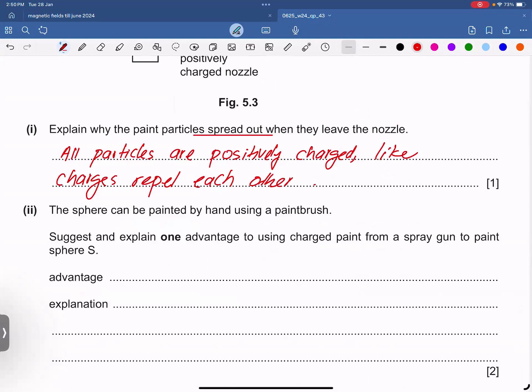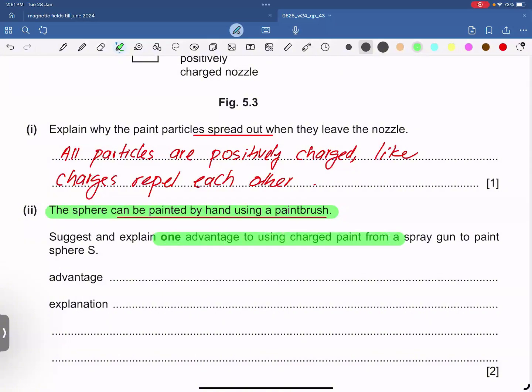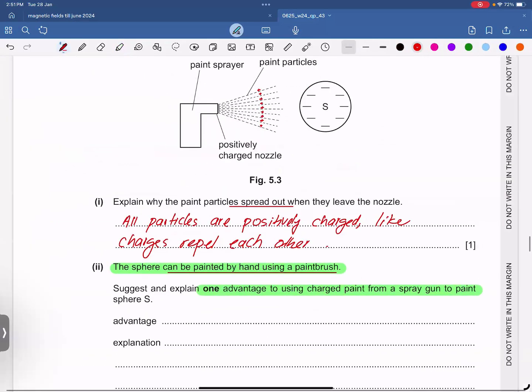Now the sphere can be painted by hand or using a brush. So you can paint it by hand or brush, but what is the benefit in this way? The advantage is that the paint will be evenly, uniformly spread, with no thick coating and no thick patches.